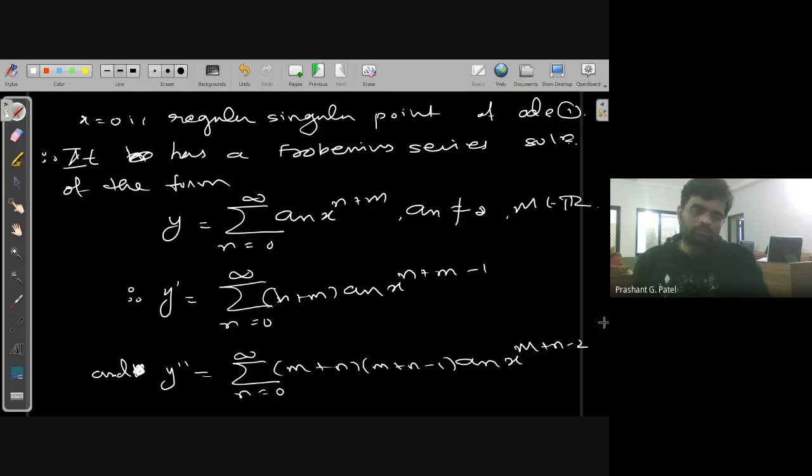Now we substitute all these values of y dash and y double dash into equation 1.